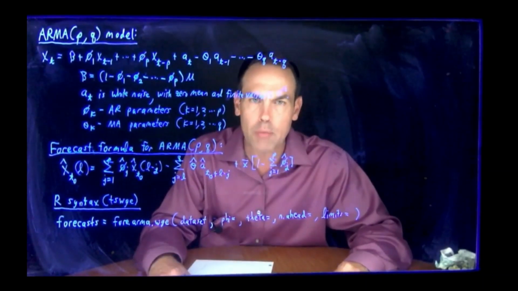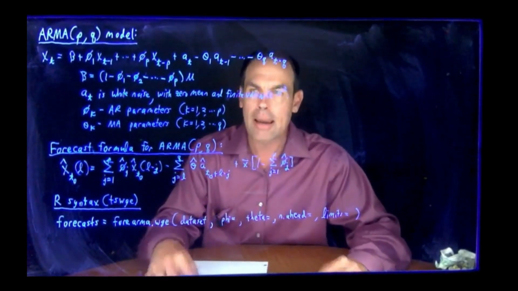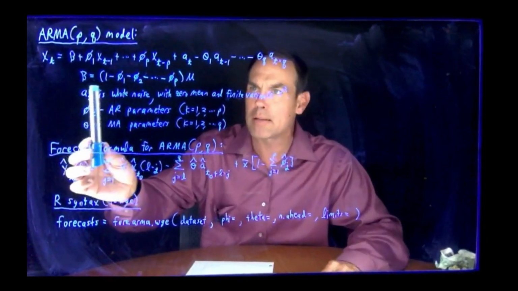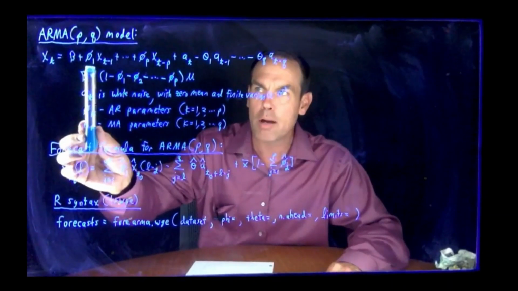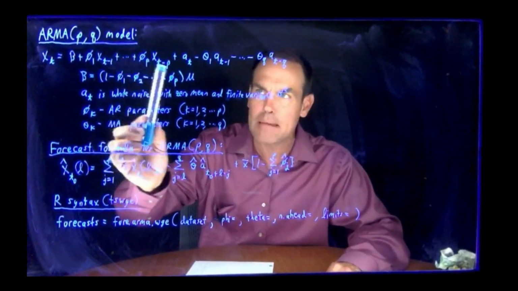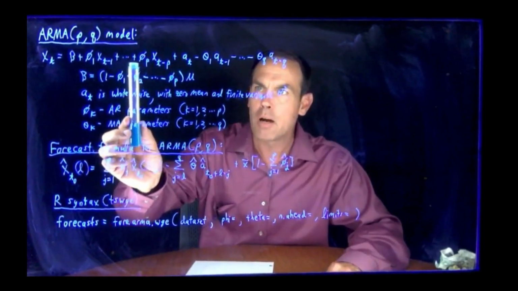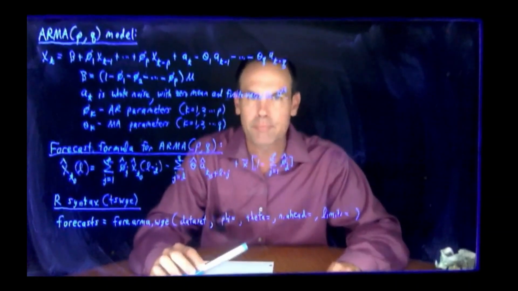The q term represents the white noise terms, the error terms. And it's written here as x of t equals, a big looking formula, but it's at least patterned. Beta, we'll talk about beta in a minute, plus phi1 x t minus 1, plus phi2 x t minus 2, all the way out to phi p x t minus p. Now that's the AR(p) part. And then plus this a t, that gives you the a t part.